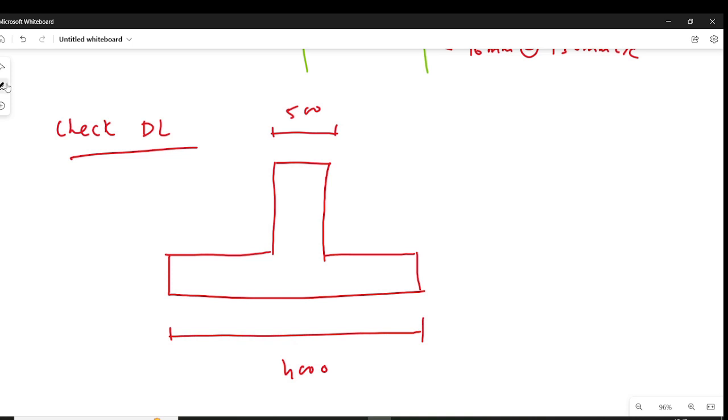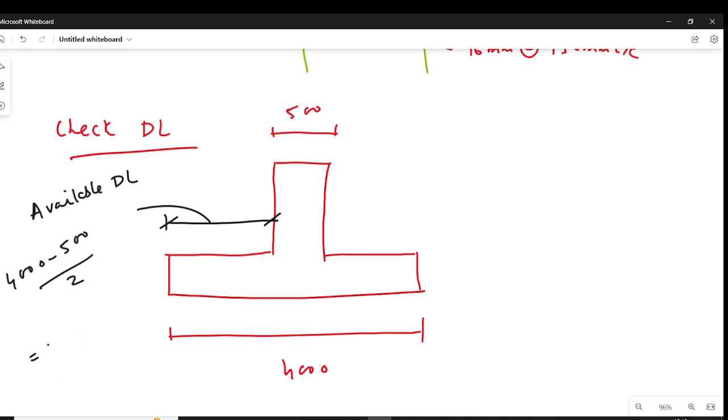Now we have to determine this length, which is the available length for development length. This is 4000 minus 500 divided by 2, which comes to 1750 mm.